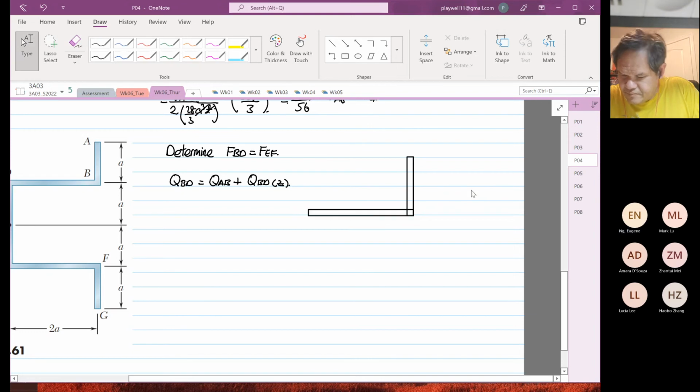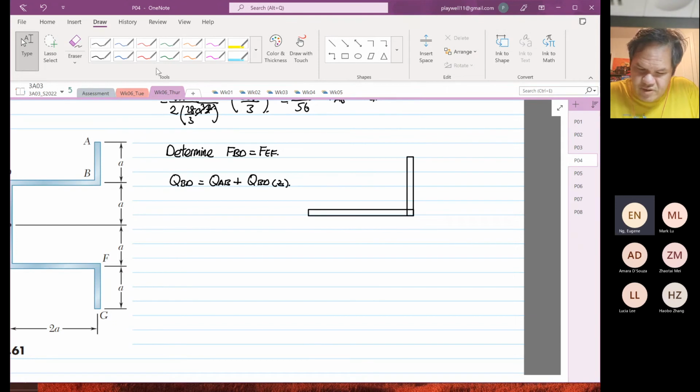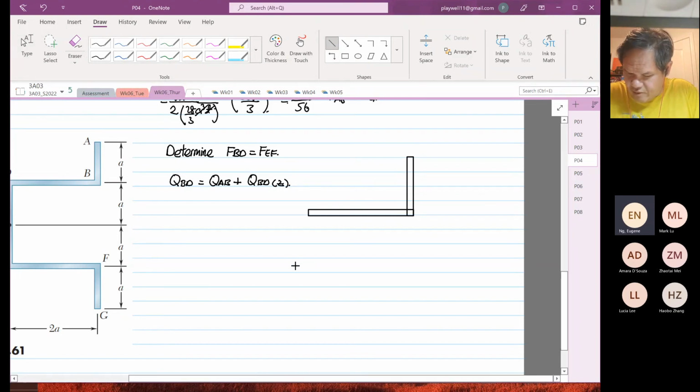As I said, you have to be very clear that what we are drawing is the center line. Otherwise you will get really confused, or I did get confused before.